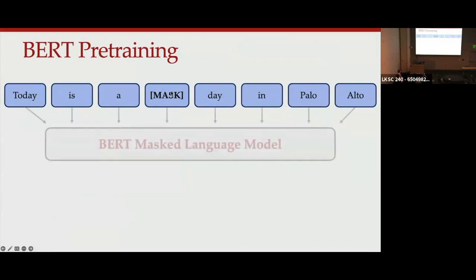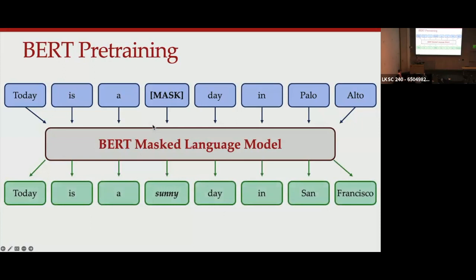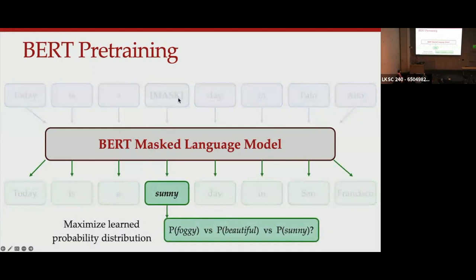And then the goal of this neural network is to try to predict what word should go in this mask. And then the output is basically a probability distribution. So if you really want to predict what should go in that particular mask, maybe because there's a lot of content about Palo Alto and weather that says that Palo Alto is either foggy, beautiful, or sunny, these are the top choices that your model has to learn.